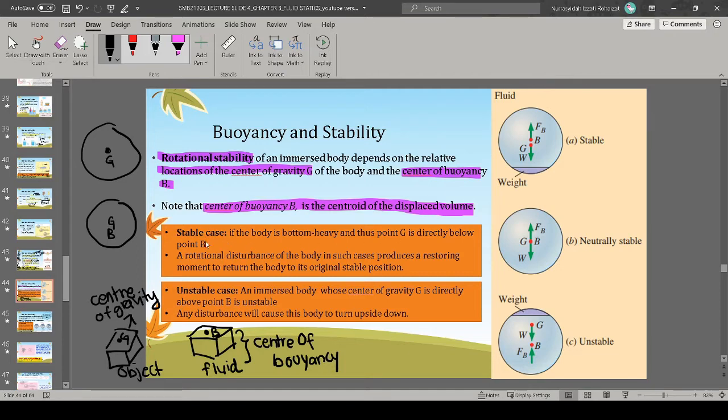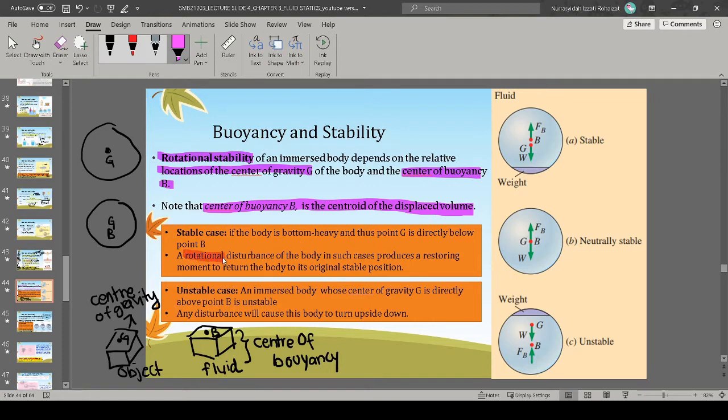Okay, for stable case, our G should be below the point of centroid or center of buoyancy. So our G is below B. For this case, it is bottom heavy, so we have weight at the bottom.